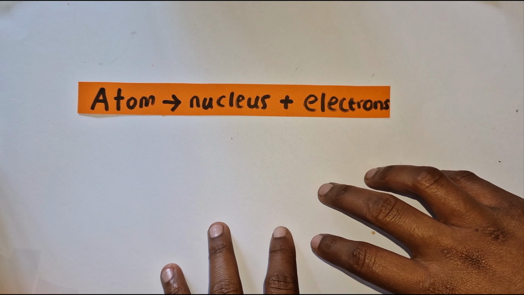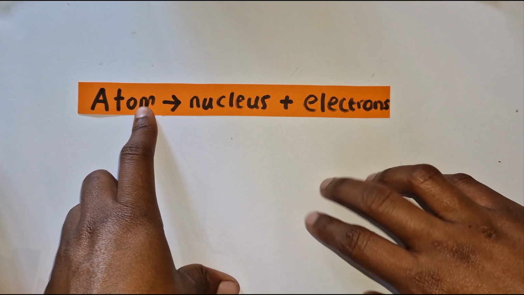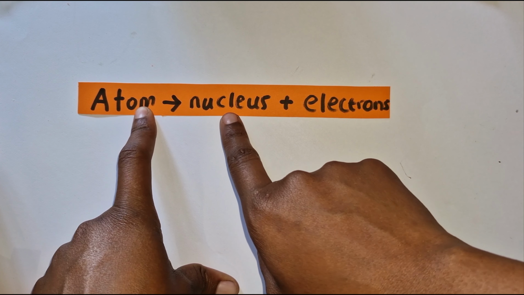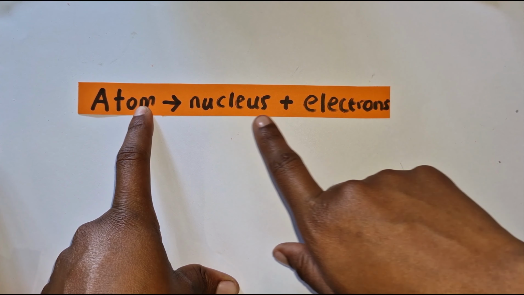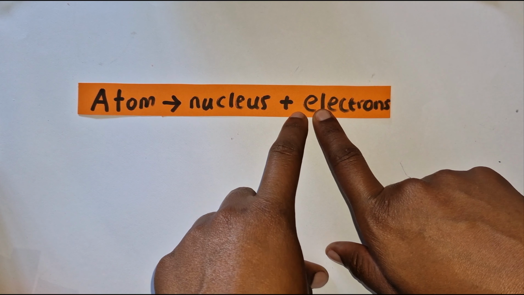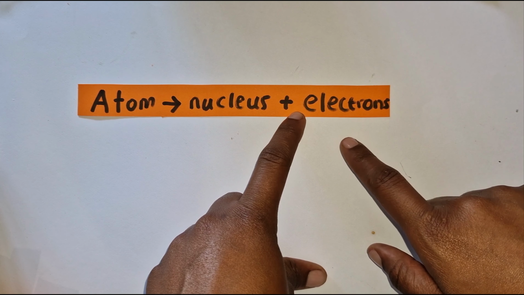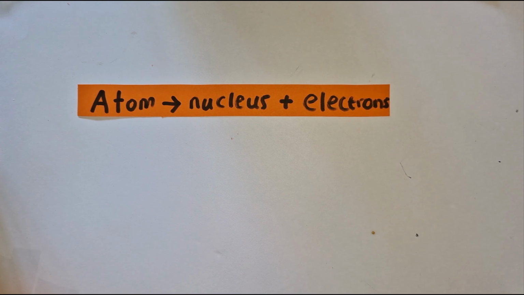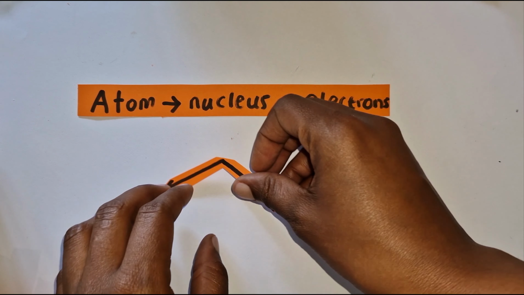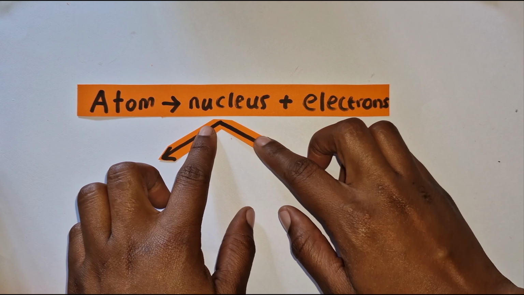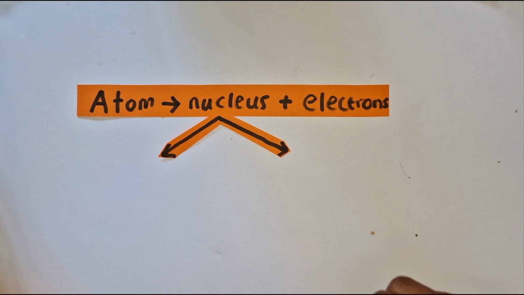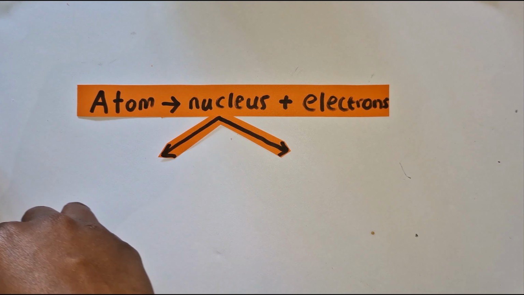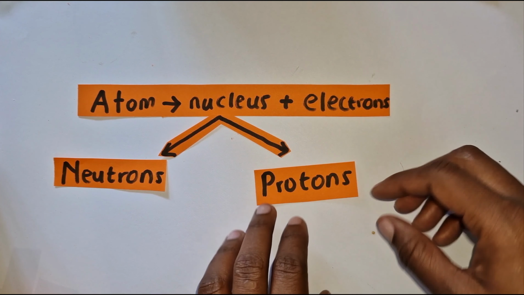I have said to you that atoms are made up of a nucleus at the center and electrons orbiting around that nucleus. I've also mentioned that the nucleus is made out of what we call neutrons as well as protons.